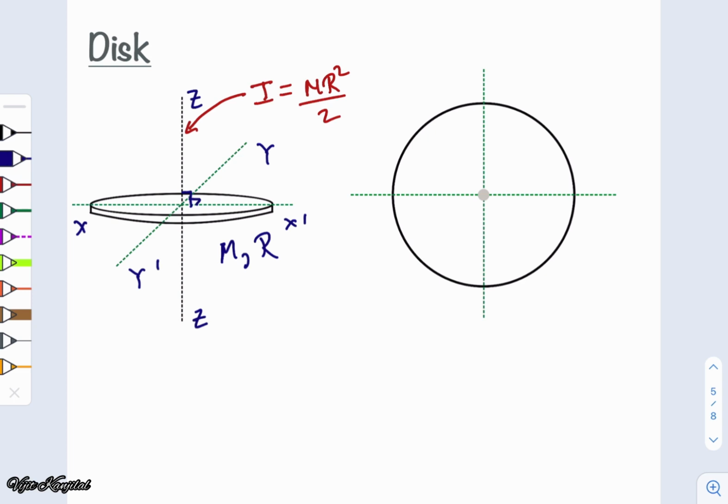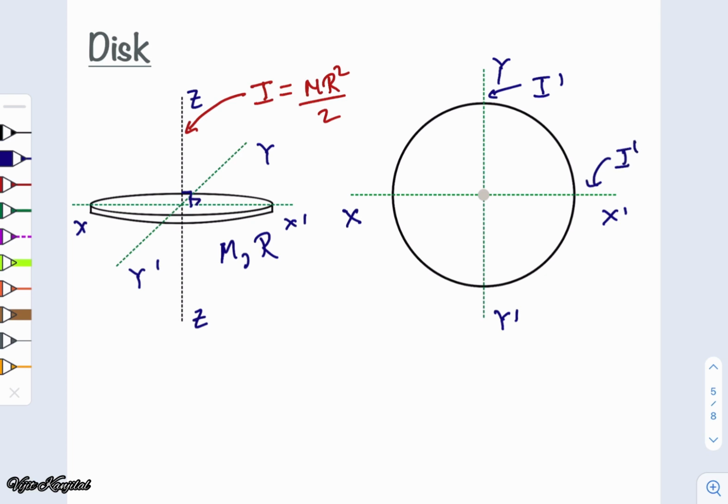Now let us assume that the moment of inertia of this particular disk with respect to this particular axis, let's say y dash, be I prime. As the disk is completely symmetric, the moment of inertia of this disk with respect to this particular axis, x dash, would also be I prime.